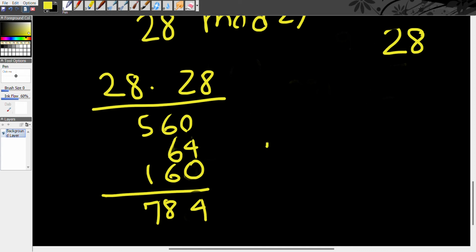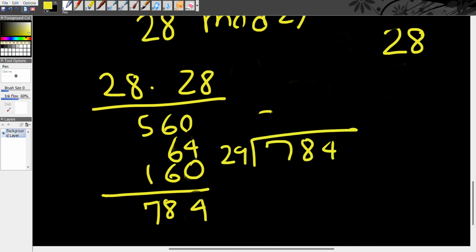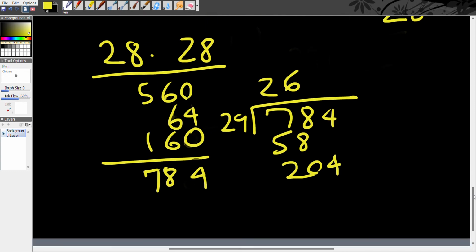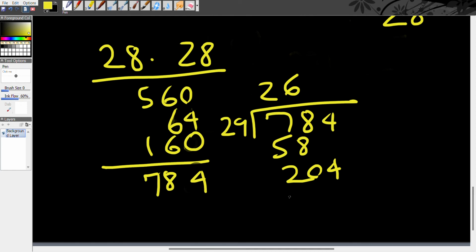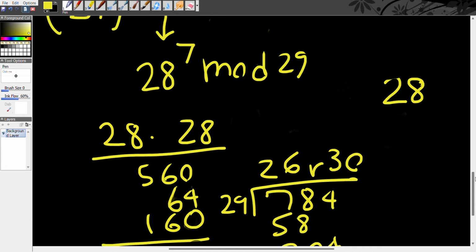So we have 784 divided by the mod, which is 29, and it's really like 30, so it's going to go in as 6. So this is really 54 and 120. So the remainder is 30, right? 174, 204.